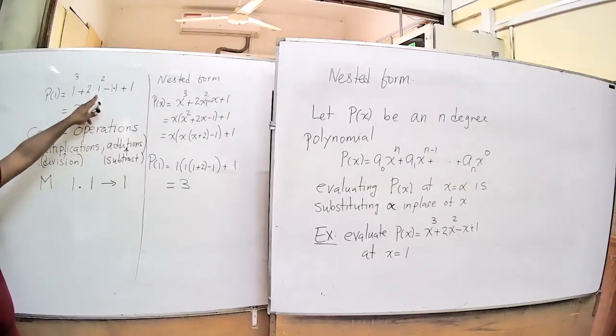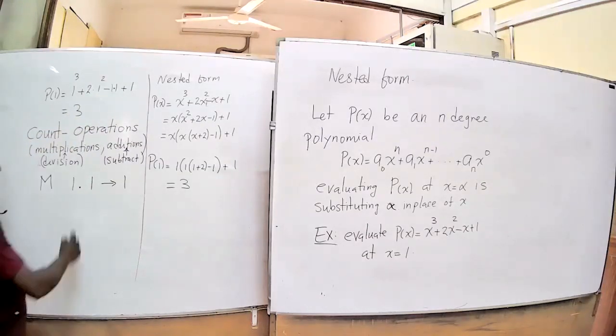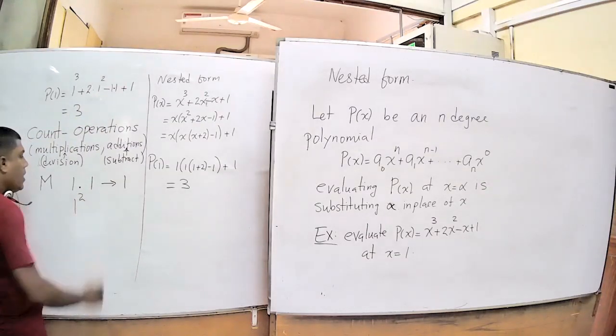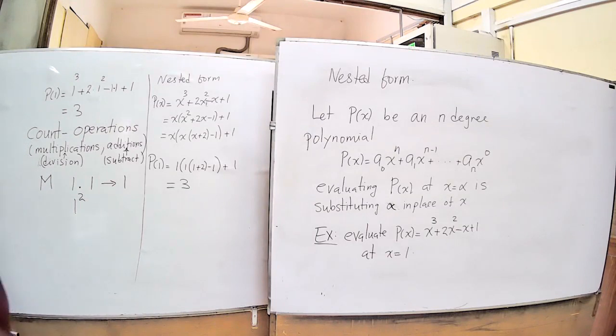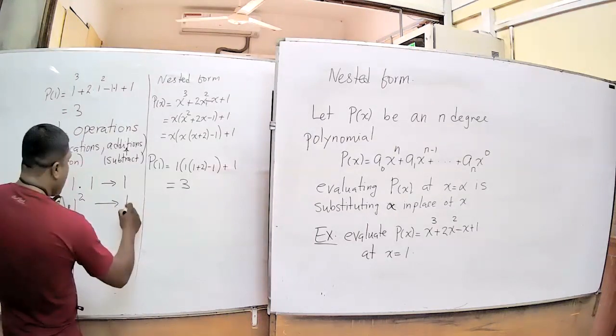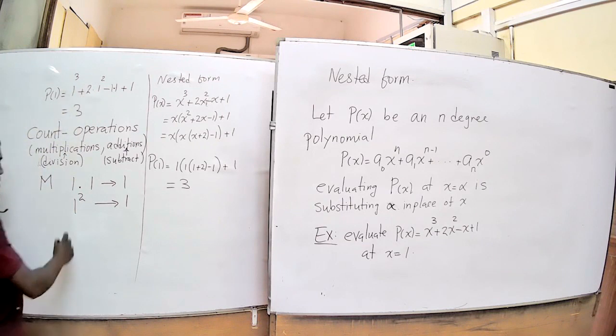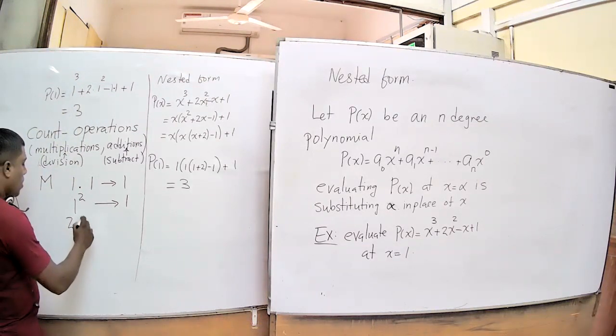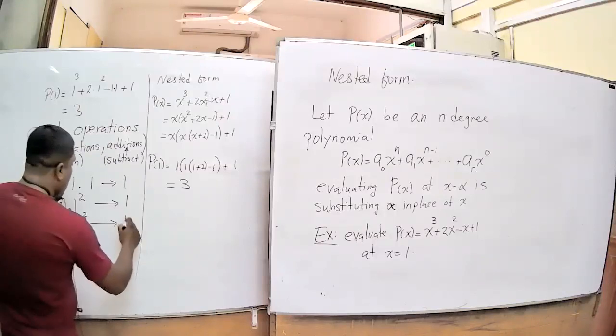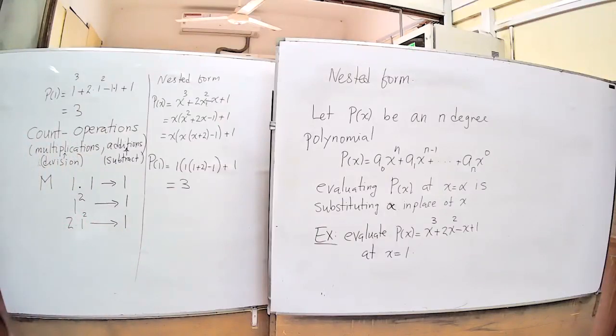Here, x squared: in x squared, you have a multiplication. That is another multiplication, correct? And then x squared multiplied by 2, there is one more multiplication. And then x cubed.